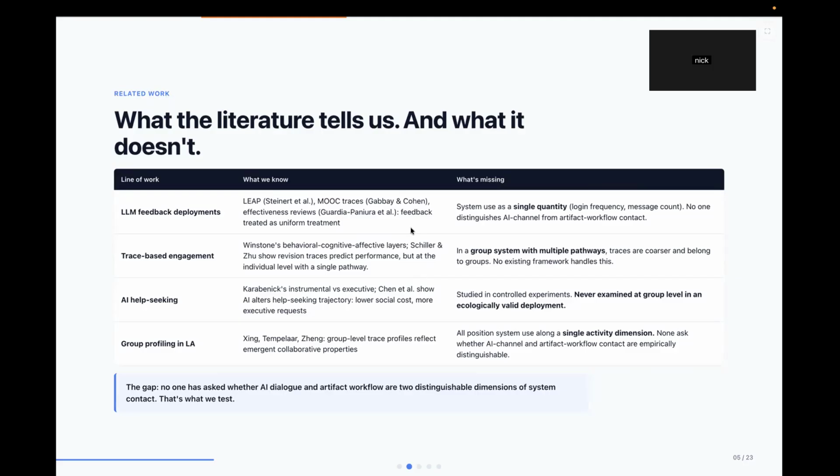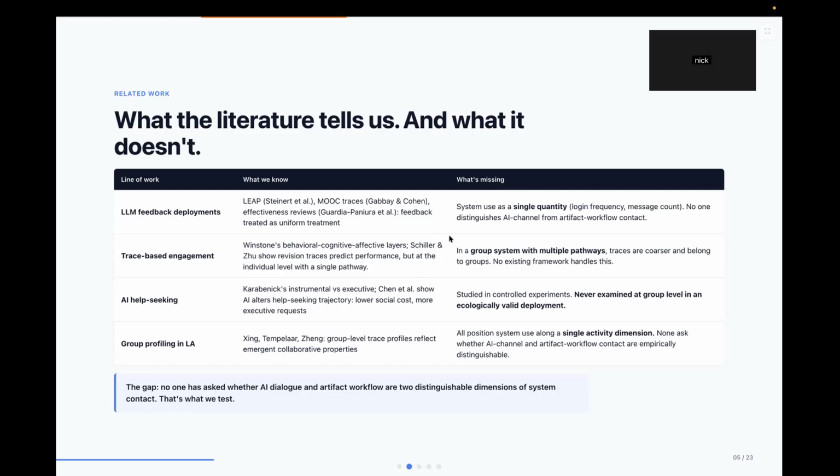Trace-based engagement is usually researched at the individual level, so it's missing group systems with multiple pathways. And for AI help-seeking works, they only deployed the system with groups in a laboratory. They never deployed in a real-life learning environment.